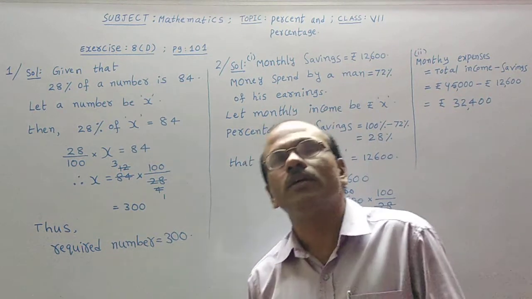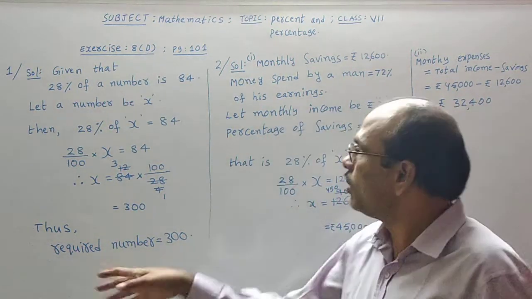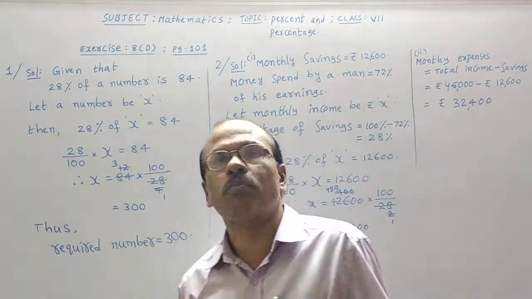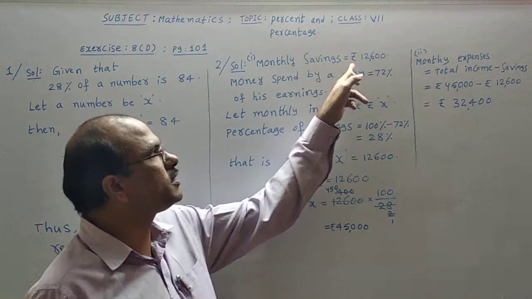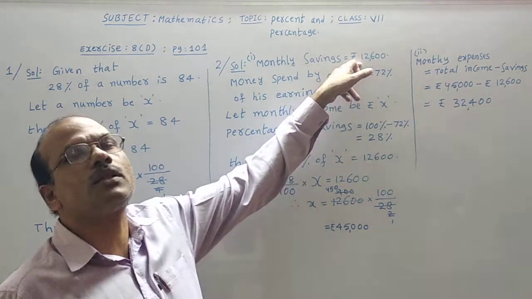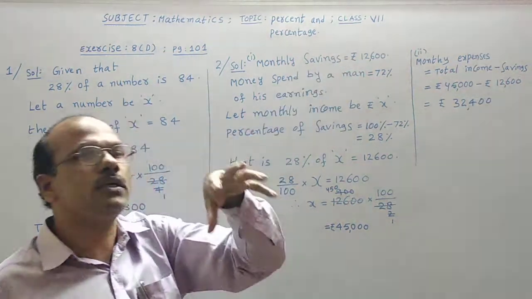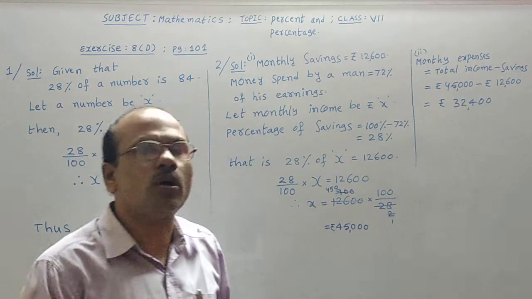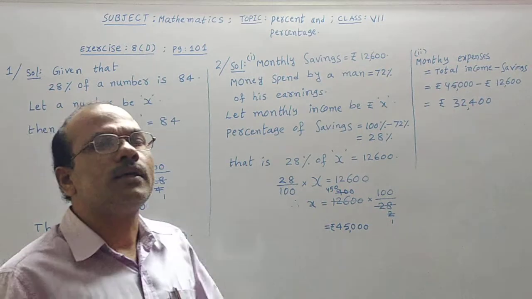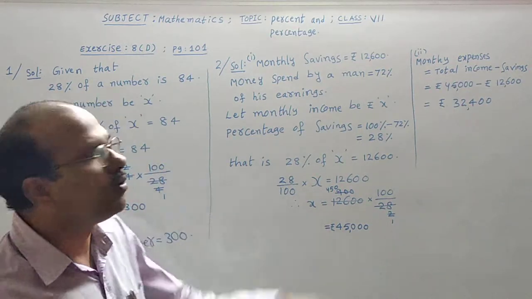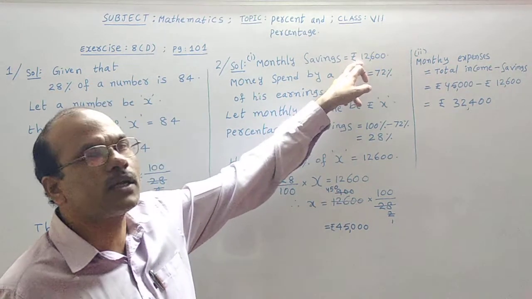Okay now students, I hope the first answer is clear. We will go for the second in the same procedure. Let us see here. The monthly savings of a person is 12,600 rupees. He is earning some amount. We don't know how much his monthly salary is, but in that salary he is saving only this much, 12,600 rupees.